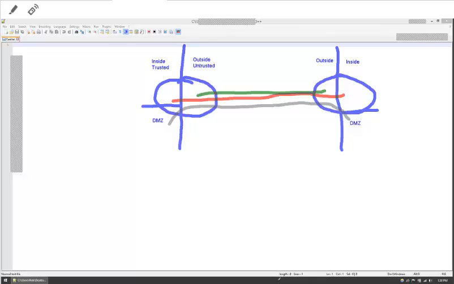Which one do you secure? You definitely need to secure the outside untrusted zone, right? Yes. Now, your inside traffic when it's going through that VRF, is it being secured too, or not?